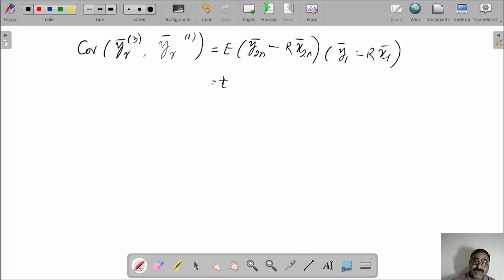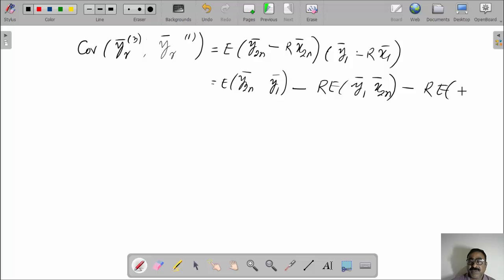Now this is equal to expectation of y2n bar y1 bar minus r expectation of y1 bar x2n bar minus r expectation of y2n bar x1 bar plus r square expectation of x1 bar x2n bar.